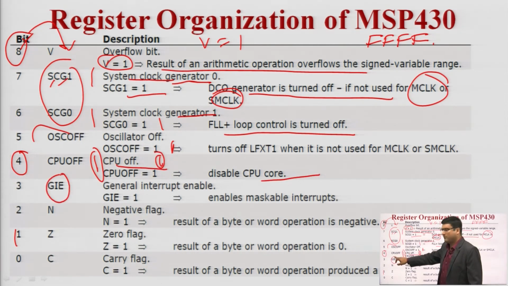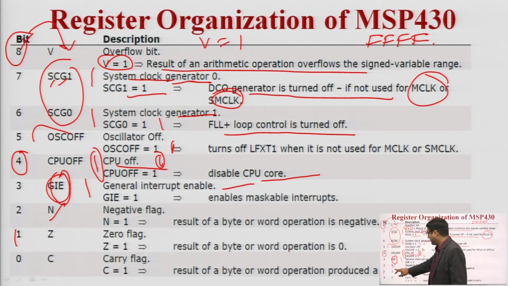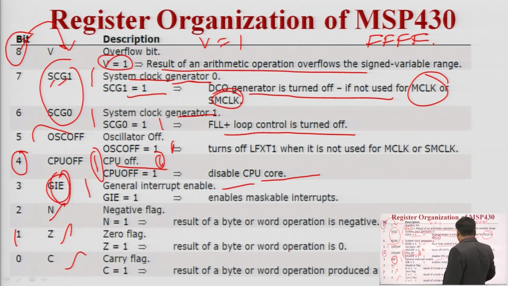There is also the general interrupt enable, GIE. If we want to work with interrupts, its value is 1. Then there are the negative, zero and carry bits. If the result of an addition or subtraction operation is negative, the negative bit is 1.